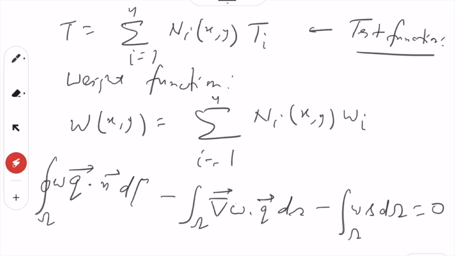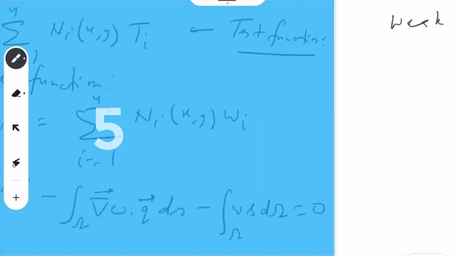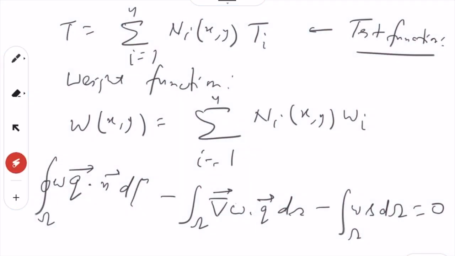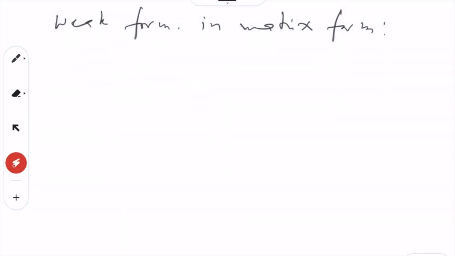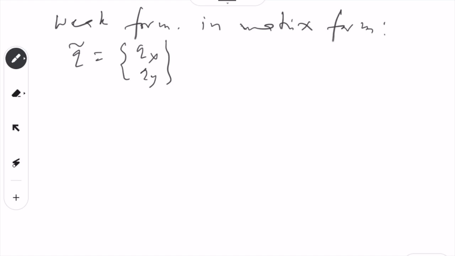Equivalently, we can write this in matrix form, so that it is easier to calculate. So we have the weak formulation in matrix form, and Q we wrote as a vector, that means qx and qy, this is the meaning of that.